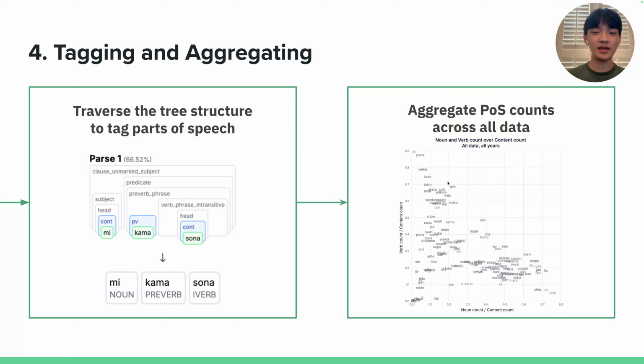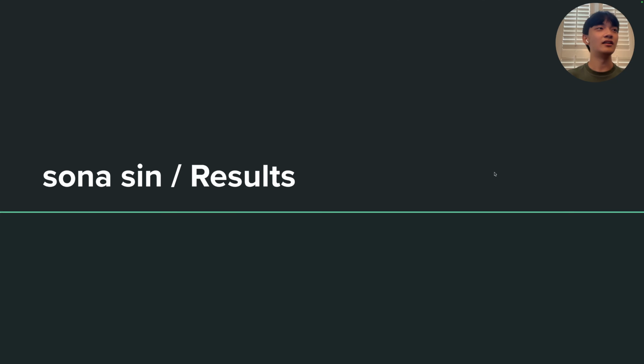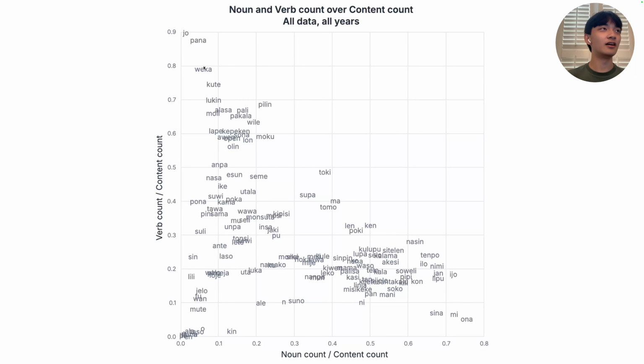And I'm a big fan of this next graph. So let's look at some of the results that came from applying this process. This is a chart that I was able to create from the data from both of the corpora over all the time periods.